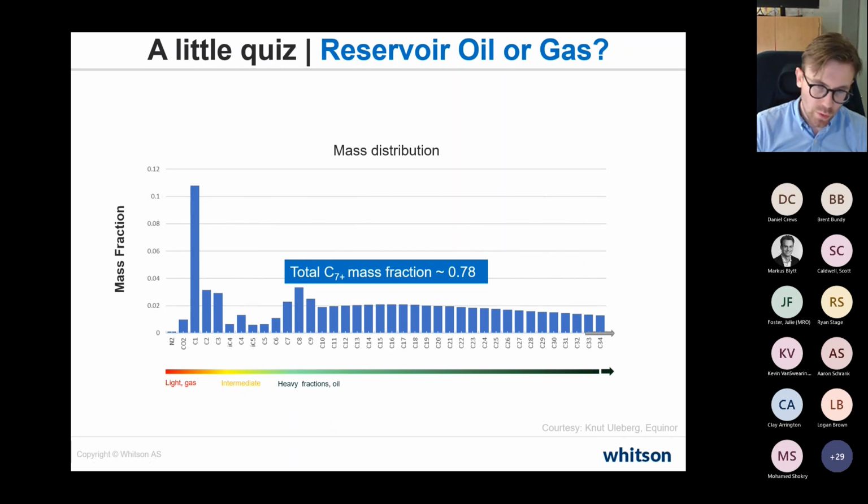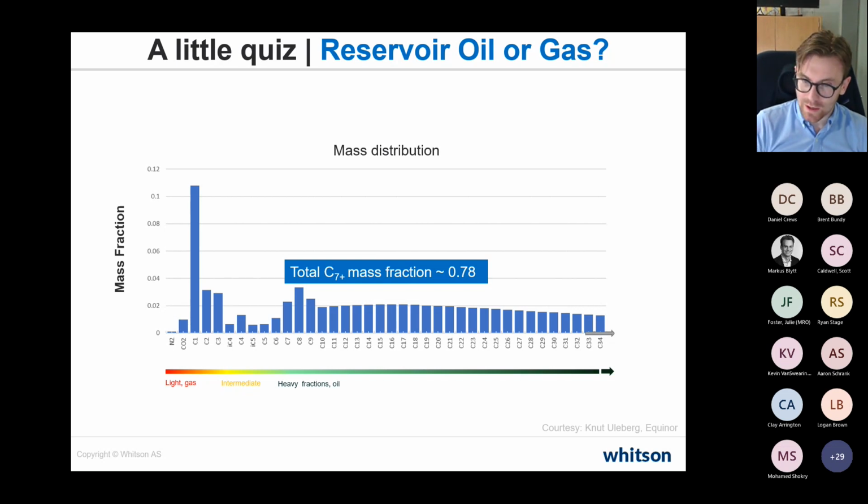I'm pretty sure all of you would have said it would be an oil, because if something is 78% made out of the stuff that makes it an oil, which is C7 plus, then you would probably think it is an oil. At least I would.